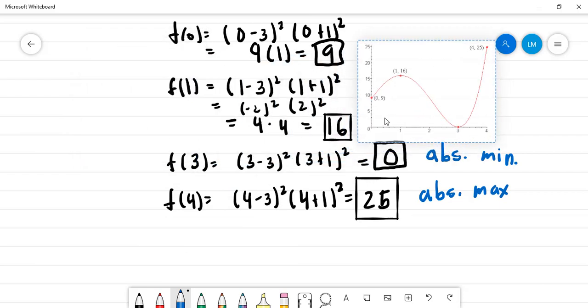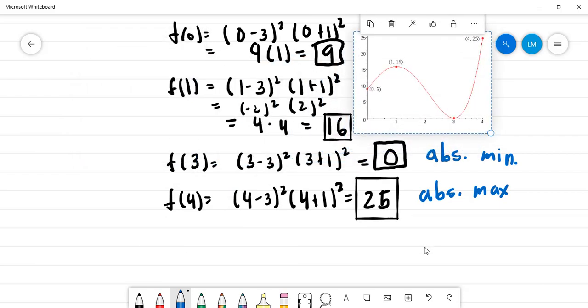We have that the 0, 9 is actually nothing. And we have that the 1, 16 is also not really much. It's a local max. We have that this is going to be a local max right here.